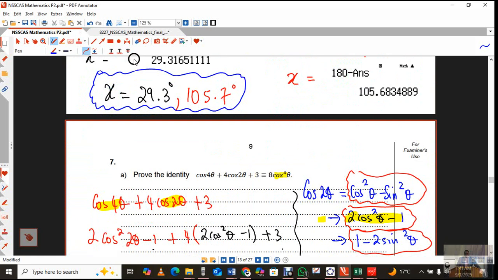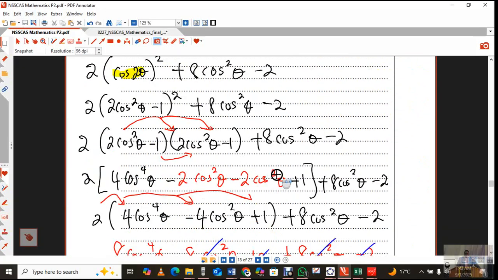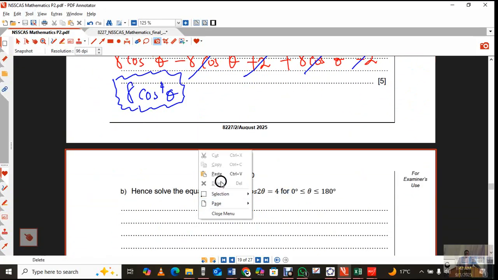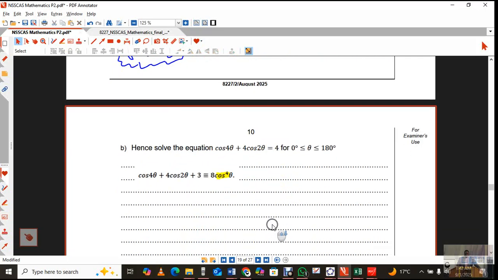I just want to bring down this identity because I'm going to use it for the next part. Okay, so if I bring down this identity, all right, I'm going to use it over here. That is A. They are saying solve the equation, but you can see they have a cos, right?